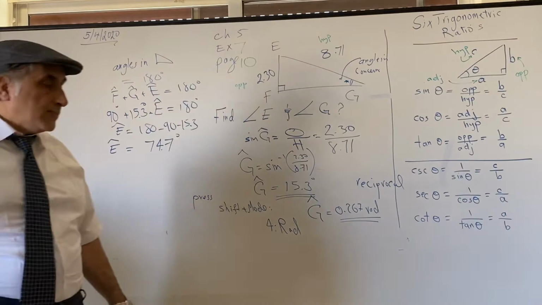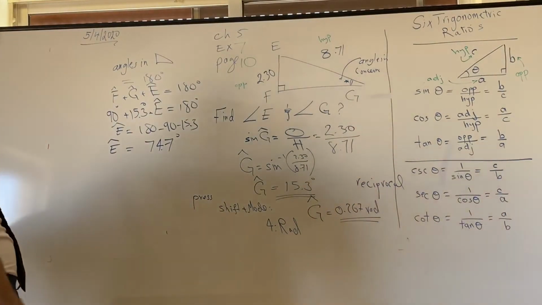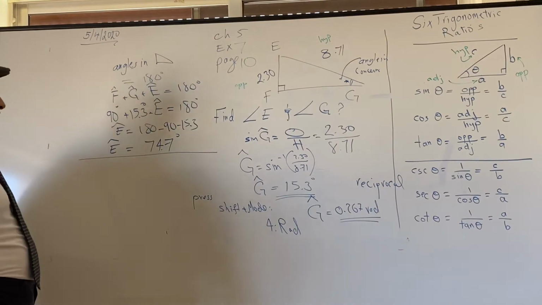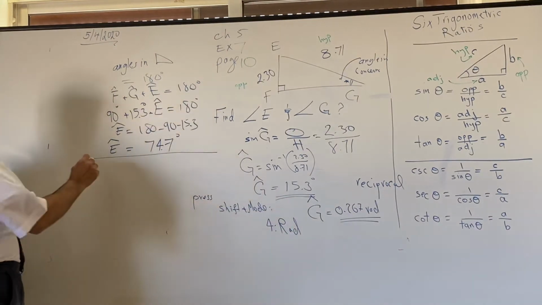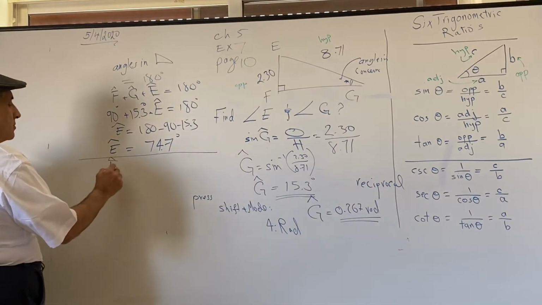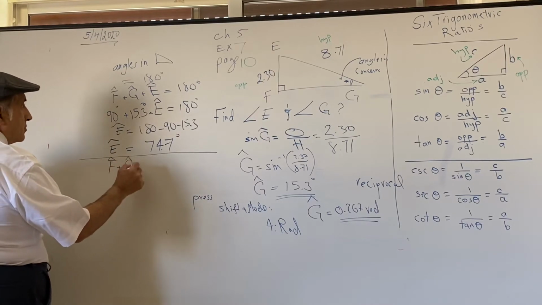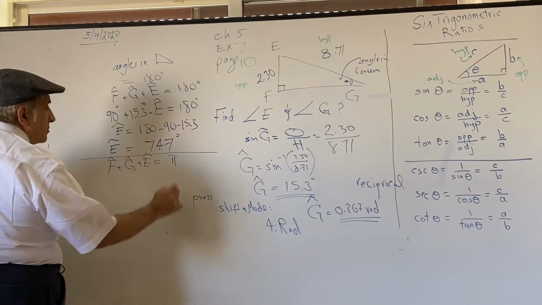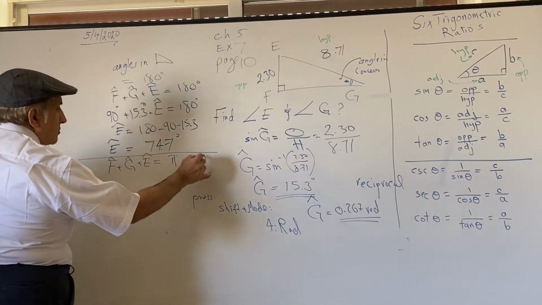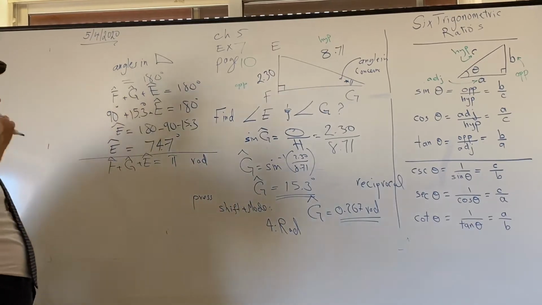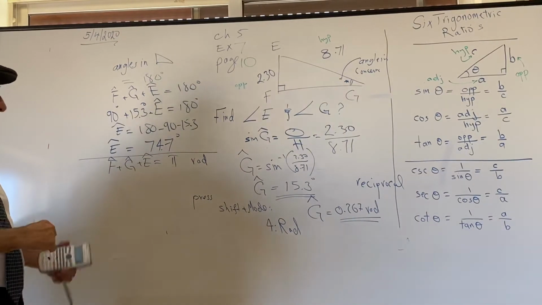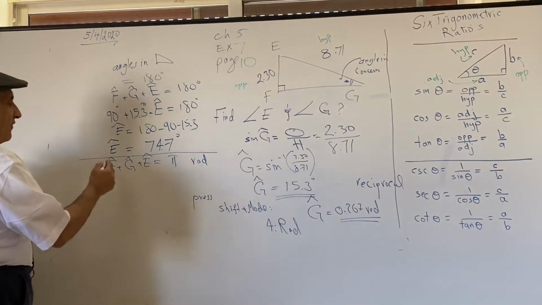All right? If you want to find the answer in radians, those 3 angles add up to pi, because pi is 180. I can go to the calculator and show it to you this way. What's F?